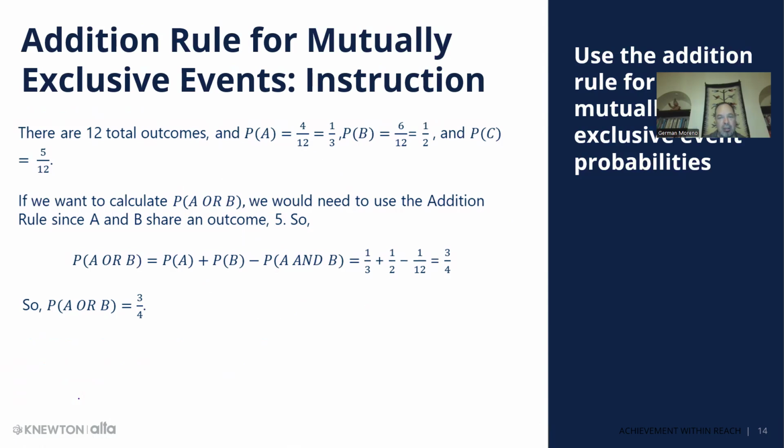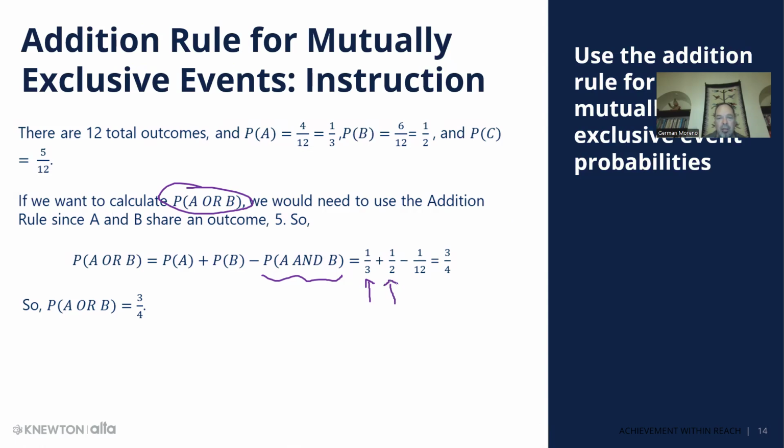And then the probability of B, you just count how many things are in that circle. Probability of C, you count how many things are in that circle out of the total. And the important thing, you add the probability of A, that's what they're asking for, probability of A or B. They're not asking you to consider C.